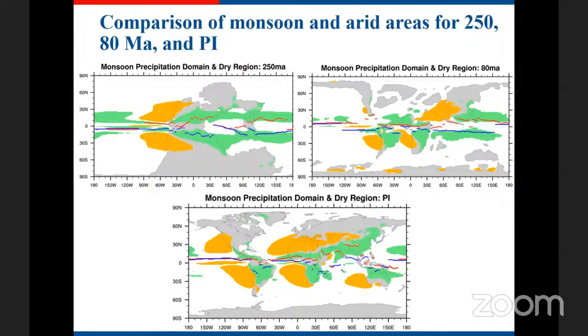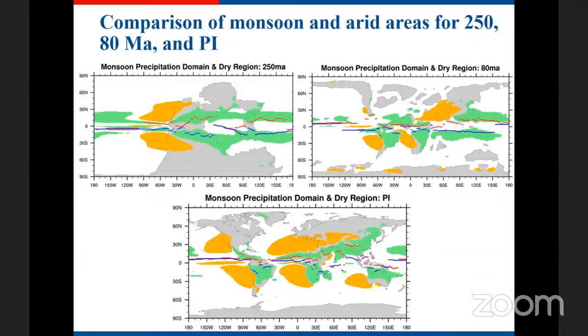We can look at these 3 plots. We compare the maps at 250 MA, 80 MA, and the PI simulation. We can see that at 250 MA, the monsoon area is really large. That's the mega monsoon.